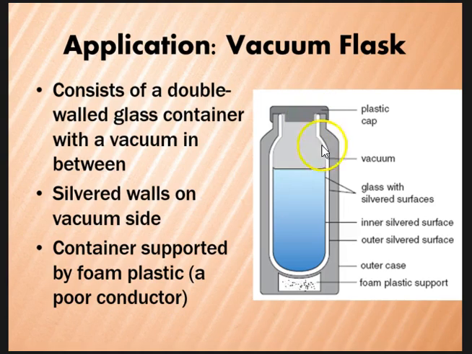The plastic cap and foam plastic support are all insulators of heat. Hence, this will prevent heat loss from the inside to the surroundings by conduction. Now, I would like to challenge you to consider why a vacuum flask is also considered very good at keeping cold content cold. Think about it.